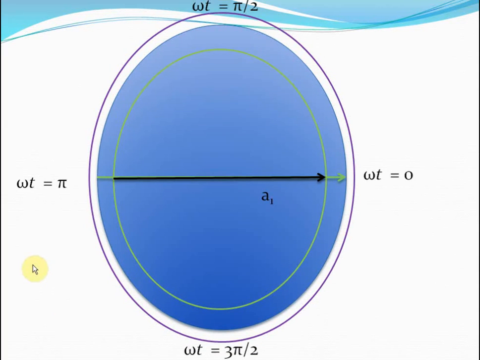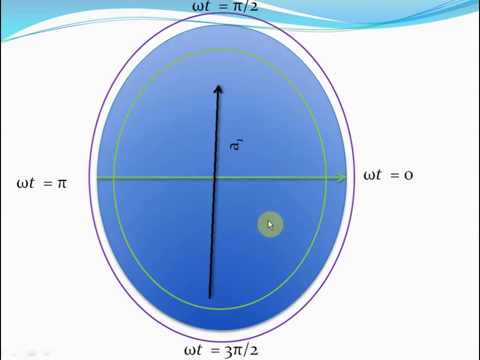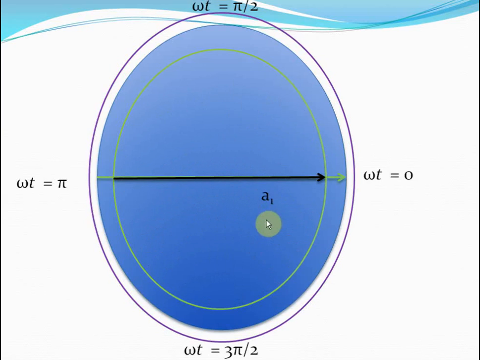Now let's try to understand this result, what capital A is and what theta is, using radial vectors. We already know that a simple harmonic motion can be represented by the rotation of a vector of amplitude A. This vector rotates an angle omega t in time t, and at any time the displacement in the case of simple harmonic motion is given by y equal to A sin omega t.